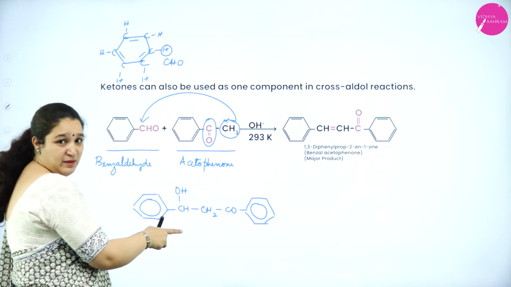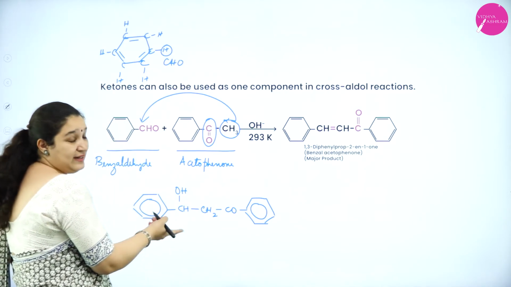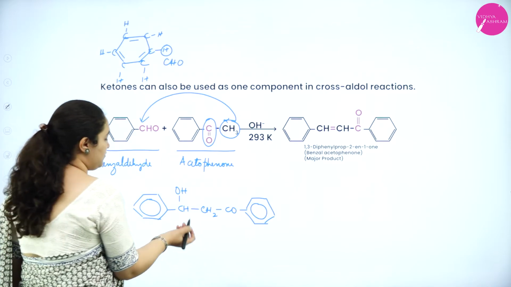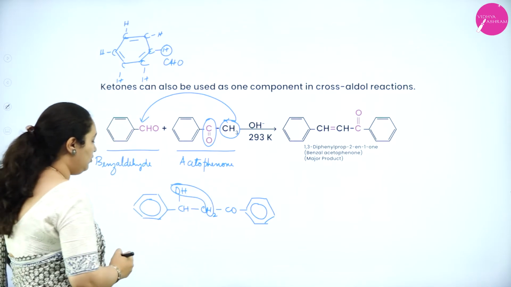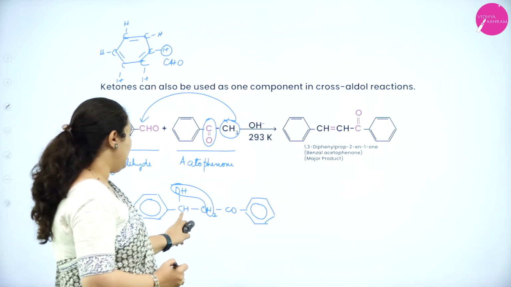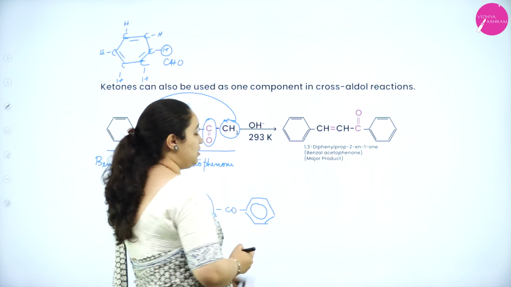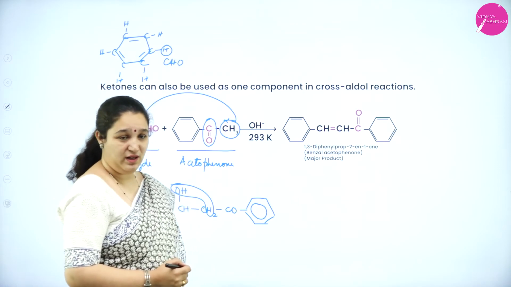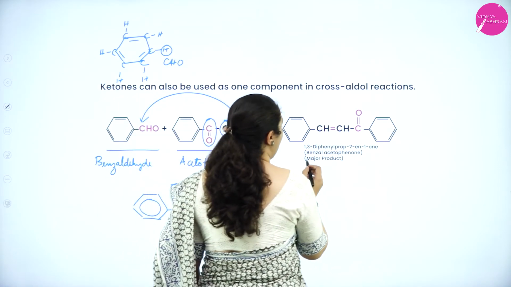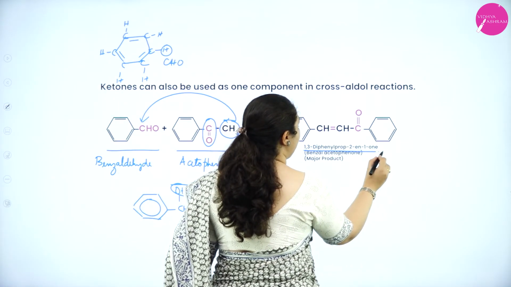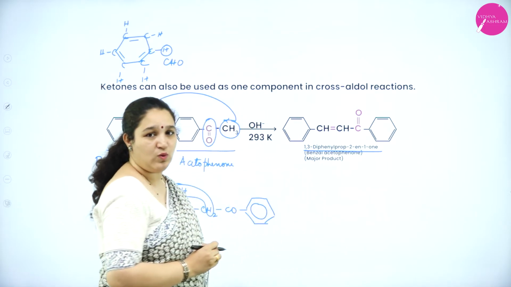This is the intermediate product, that is the aldol, or to be precise the ketol, which is formed. From here water is removed. So you will get benzene ring, CH double bond CH CO benzene ring again, or the phenyl group. So we call it 1,3 diphenyl prop-2-ene-1-one.